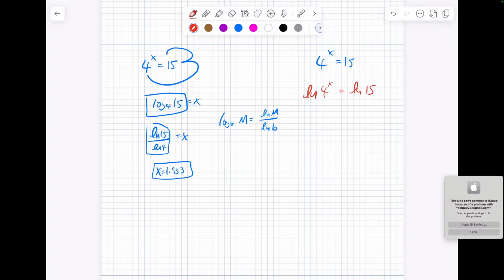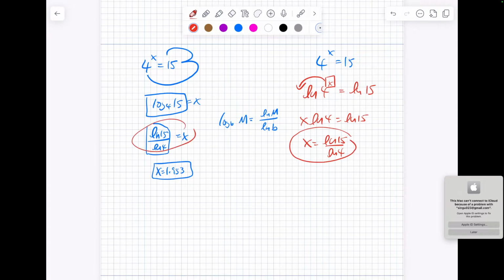But what do we say about the property of the exponent? What does this x go to? The front. And ln of 15 over ln of 4. So you get the same answer as this one, even though that's a second method. Now, the second method is important in other situations. We can talk about when that situation is.